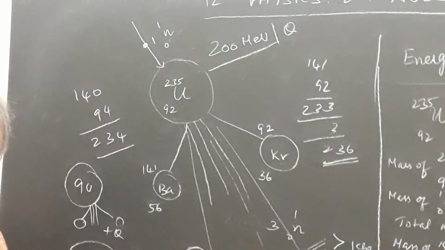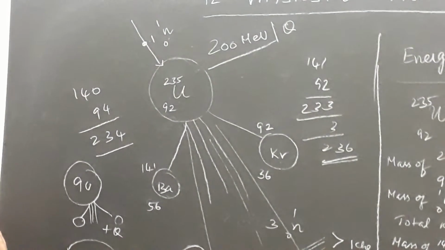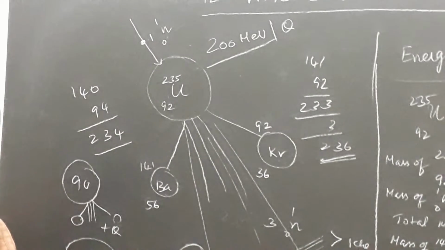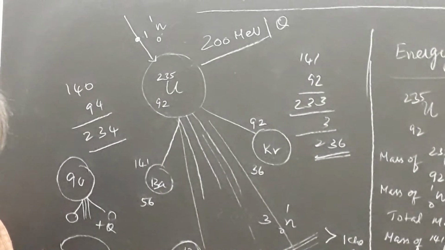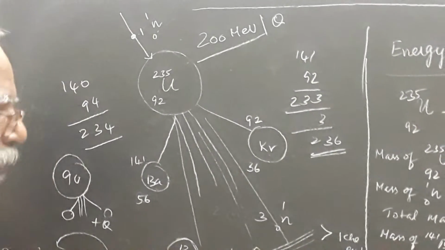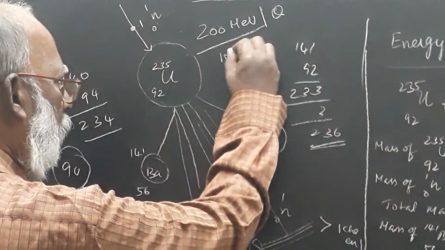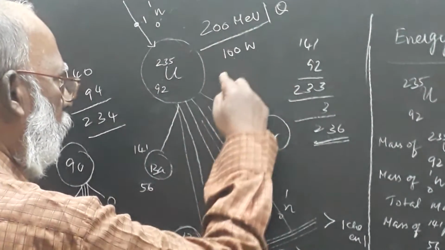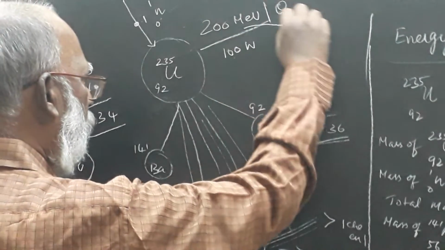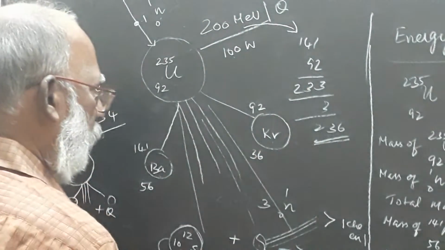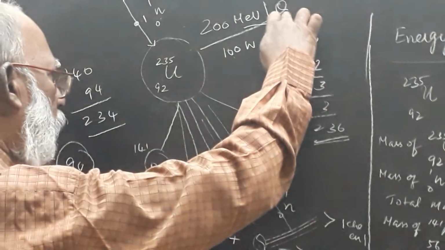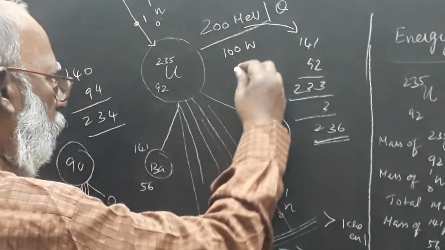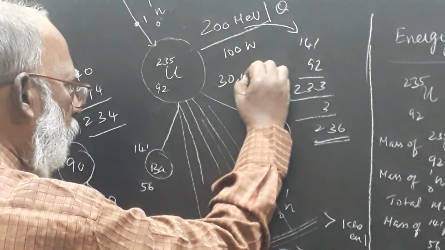For example, if you want to operate any filament bulb, suppose a 100 watts bulb, if you convert this 200 million electron volt into electrical energy and use it to operate the 100 watts bulb, it may light the bulb for 30,000 years.